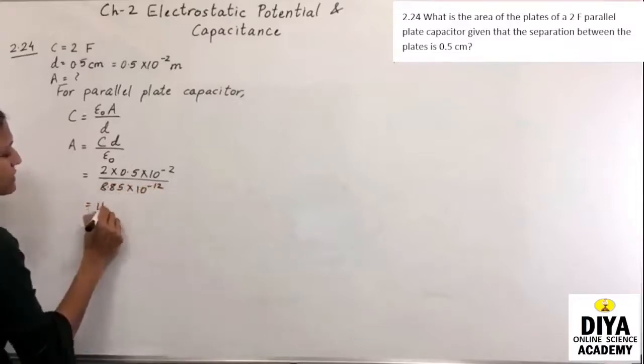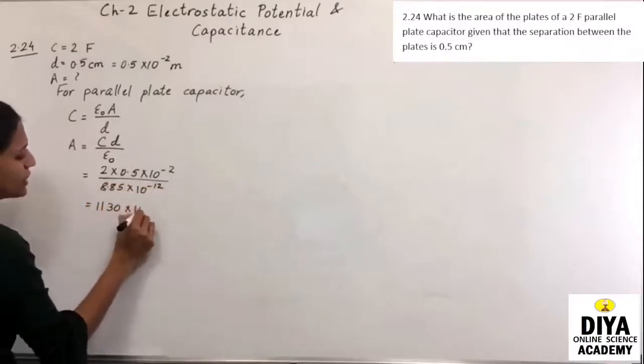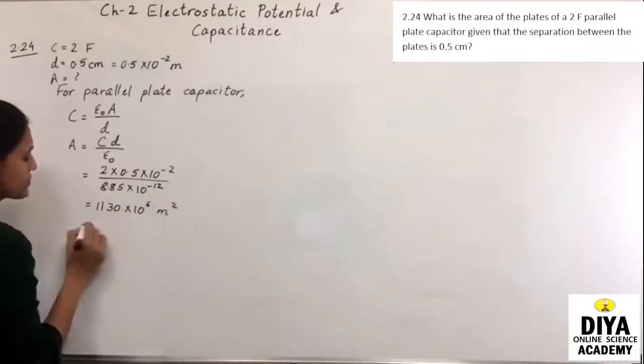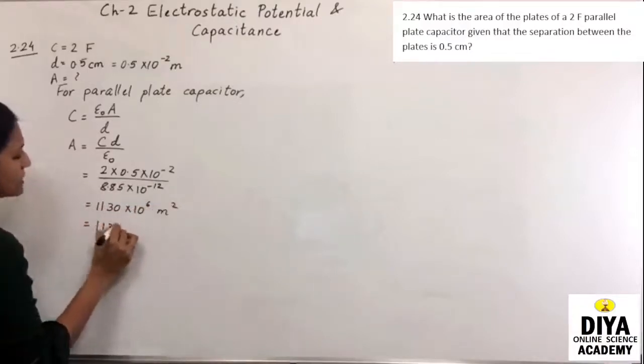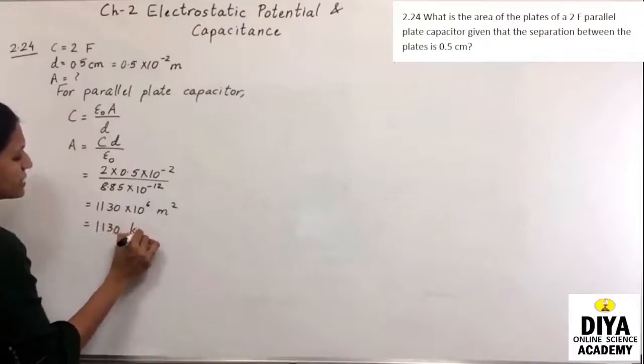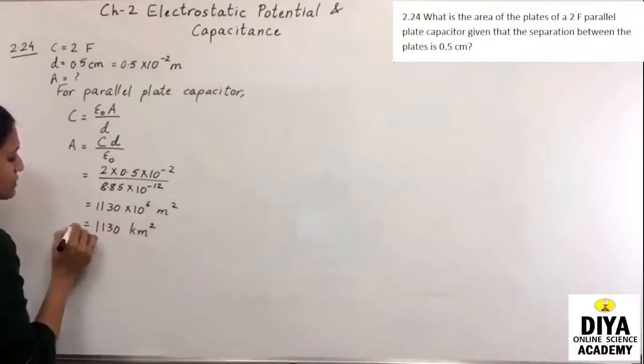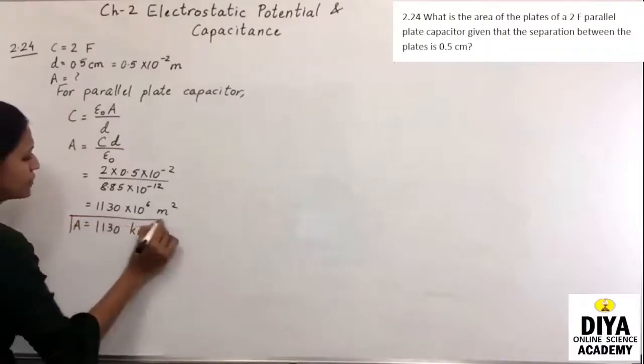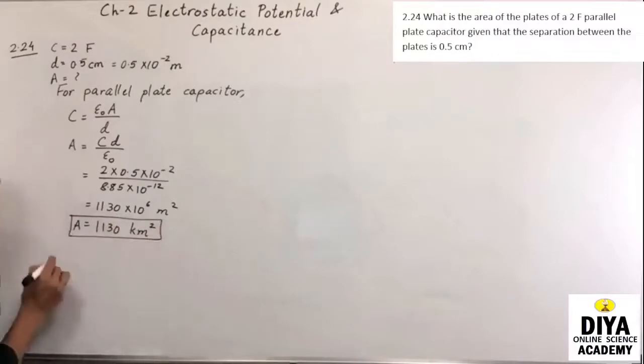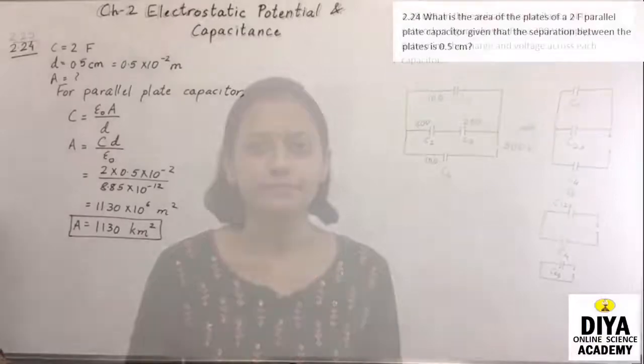So the answer will be 1130 into 10 raised to 6 meter square or 1130 kilometer square. So this big plate would be required if you want to have the capacitance equal to 2 farad.